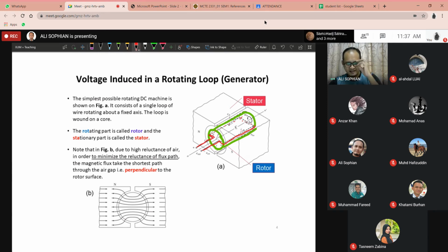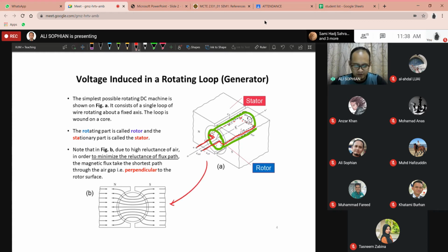Now, can you imagine how it looks in reality? Remember, this is a 3D model, not a 2D model. And again, the cylindrical core is made of ferromagnetic material.